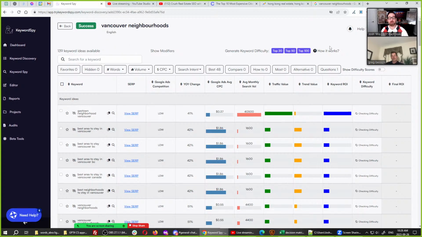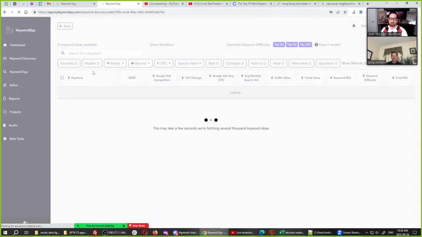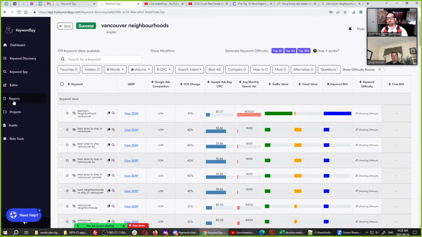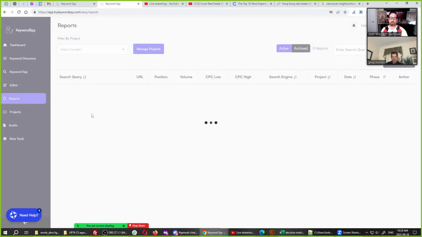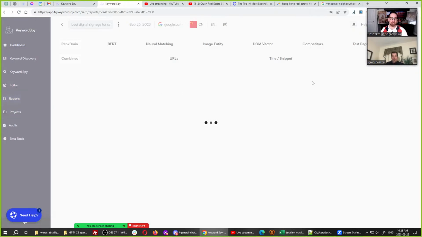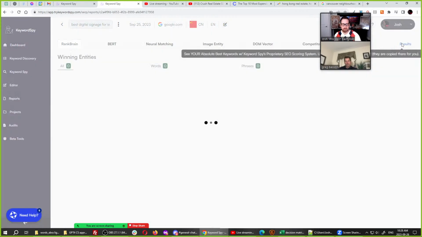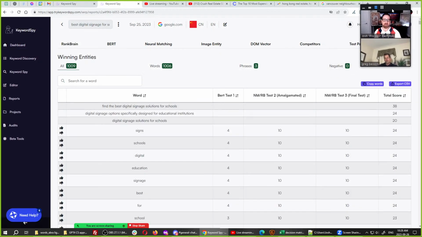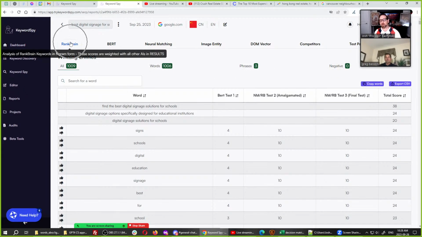Yeah, they're all very proud of their data, but the problem is that none of them are reverse engineering the system like we have. Absolutely none of them give you the data that we give users here. And you might be like, yeah, Josh, the data, great. But you need to understand why this is so important, right? We are reverse engineering RankBrain, which is the major on-page ranking algorithm, plus more.